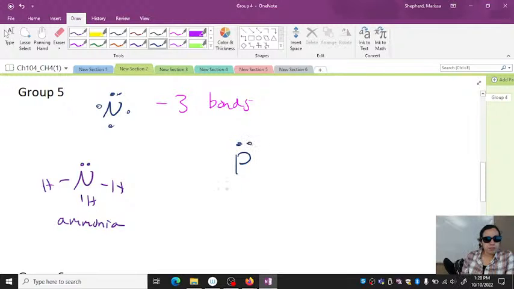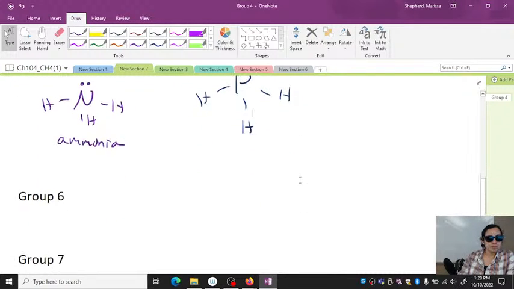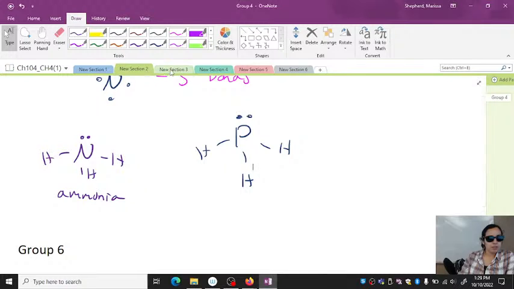And so phosphorus, although phosphorus gets weird, can be happy with 3 bonds. Does anyone know what this is? It has a special name.